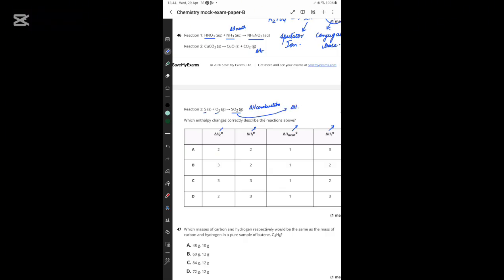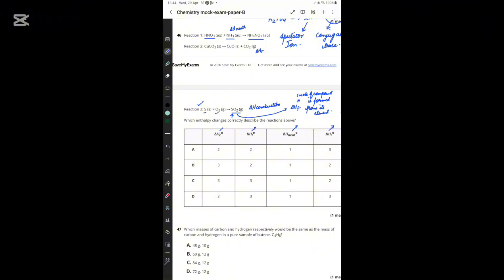Why enthalpy of formation? Because enthalpy of formation is when 1 mole of a compound is formed from its elements. So that is also an example of enthalpy of formation, reaction 3.